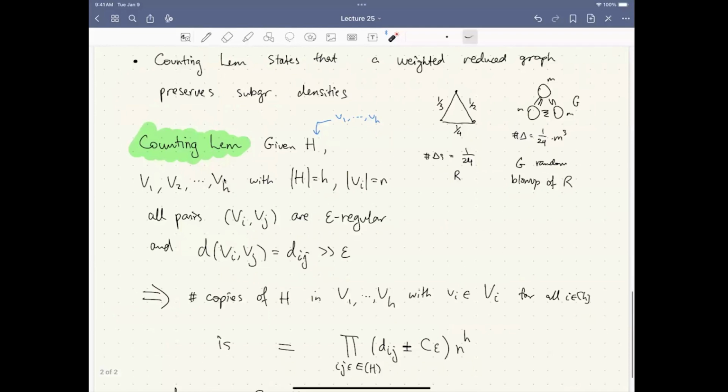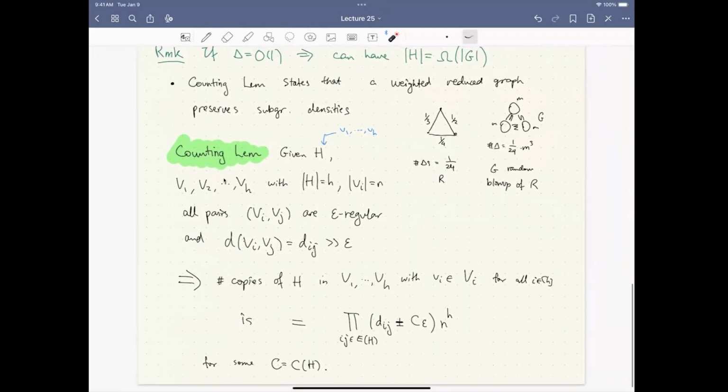So here's a baby simple example. If this is our reduced graph on 3 vertices, a triangle, and let's say the densities between the pairs are 1/3, 1/2, 1/4. Then the weighted count of triangles in this reduced graph is nothing but a single triangle here, and you have to multiply by the weight of this triangle, which is the product of the weights of the edges.